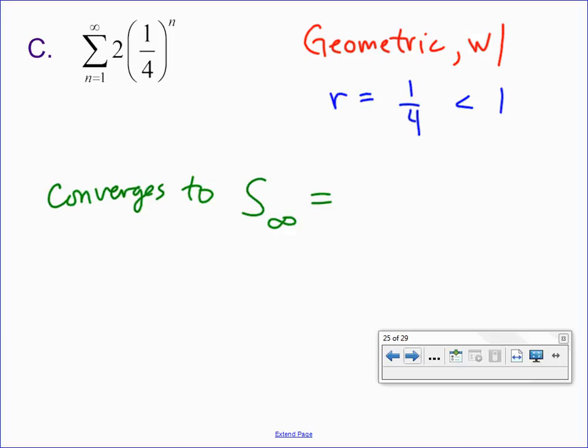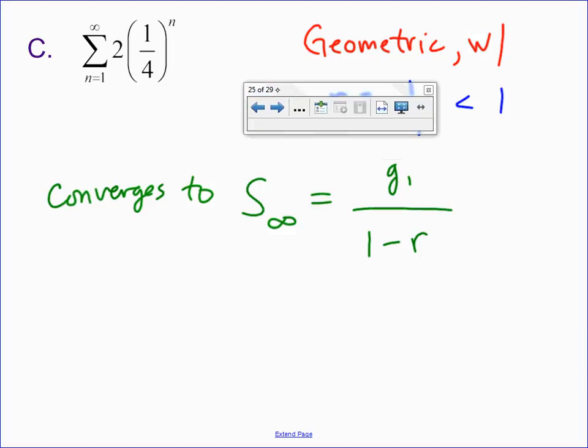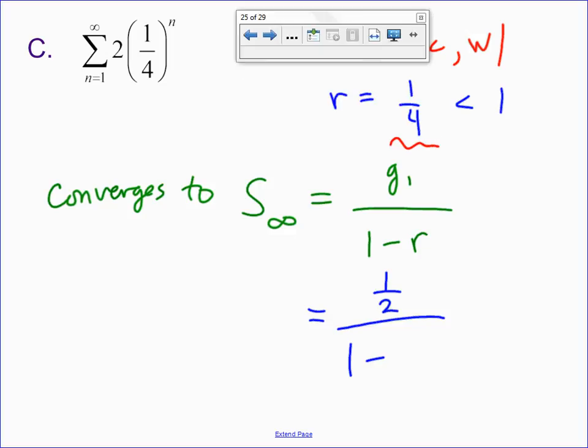the infinite sum g sub 1 over 1 minus r. And we can calculate that. What's g sub 1? Well, that would be 1/4 to the 1 is 1/4 times 2 out front is 1/2. You're getting 1/2 for your first term, over 1 minus my R value, which was 1/4.